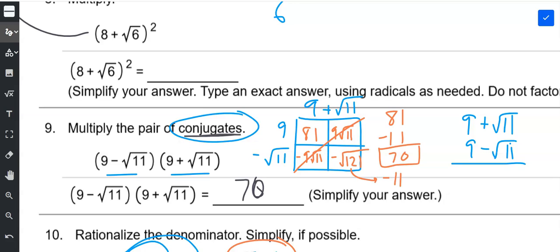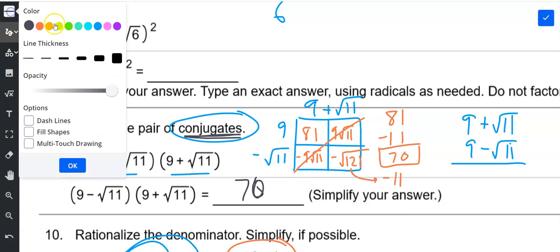Now, conjugates. This term, conjugates, I want you to see, they're not opposites, okay? So maybe I should type that somewhere.